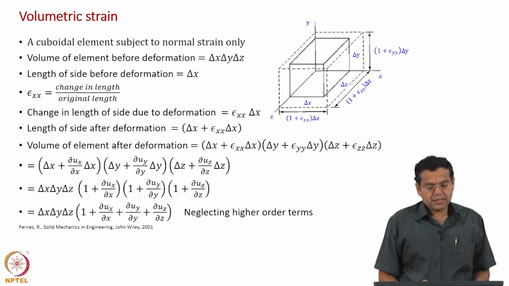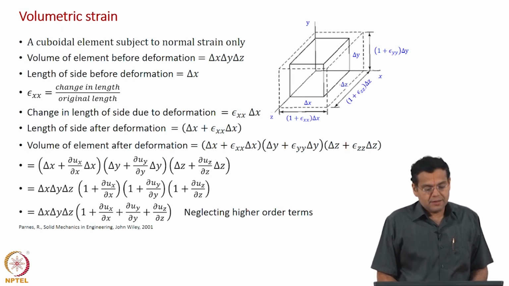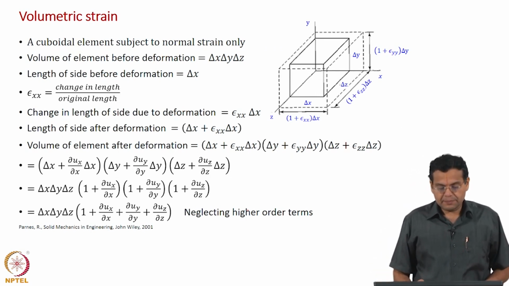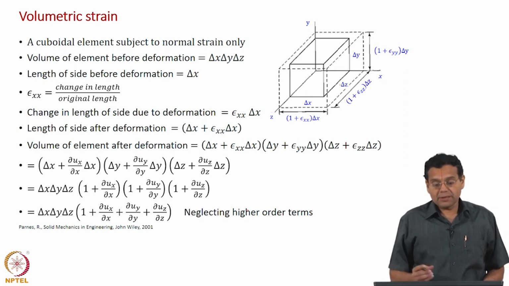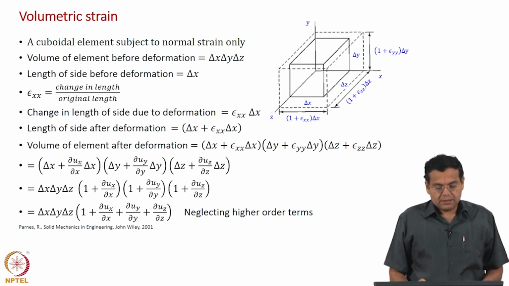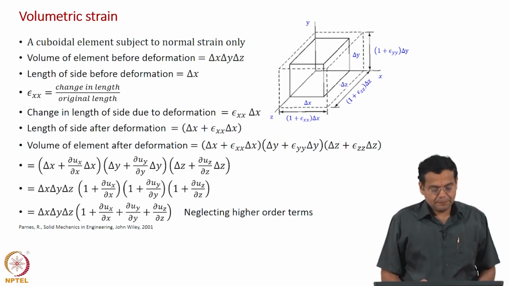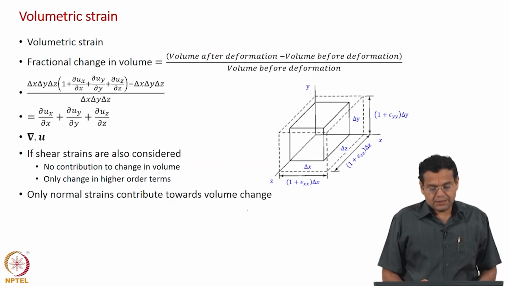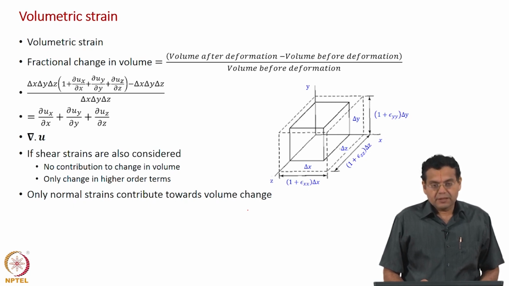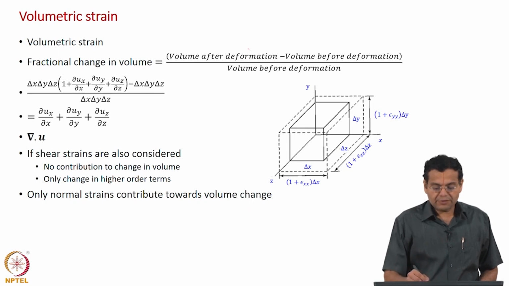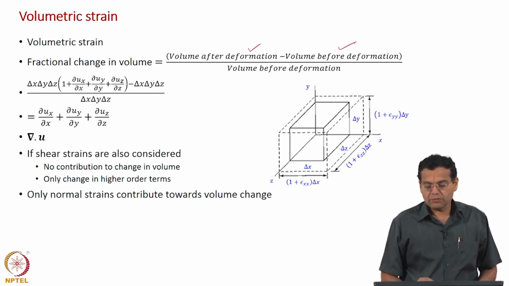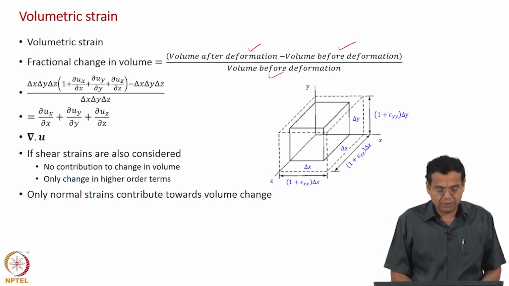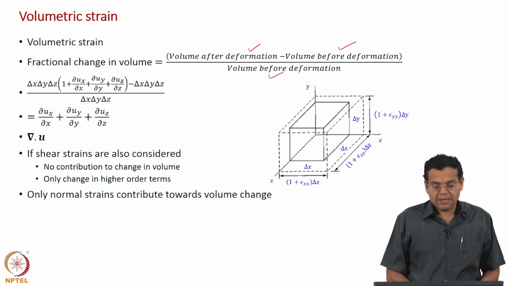Then we discussed volumetric strain, and then related the volumetric strain to the displacement gradients. Volumetric strain is the fractional change in volume, which is volume after deformation minus volume before deformation, divided by volume before deformation, or change in volume by original volume, something similar to our definition for normal strain.